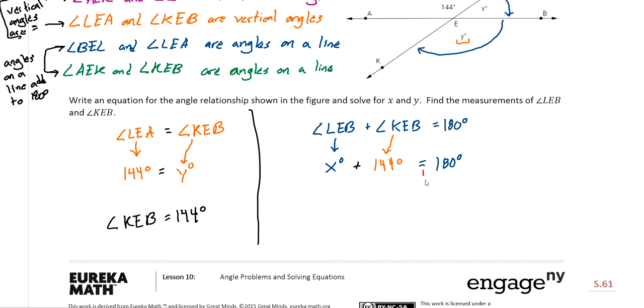So if I want to find out what x is, all I have to do is subtract 144 degrees from both sides. x degrees equals, not 100, 36 degrees.